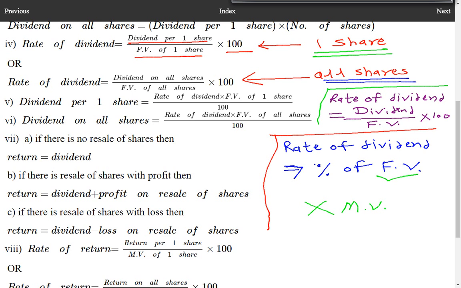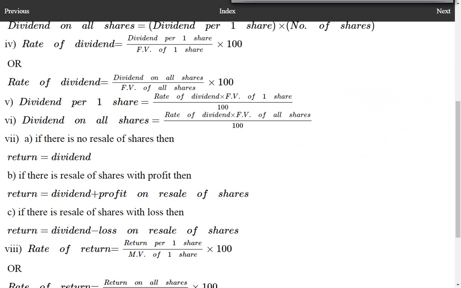Then we can have also the formulae for dividend per one share. So dividend per one share is rate of dividend into face value of one share into 100.